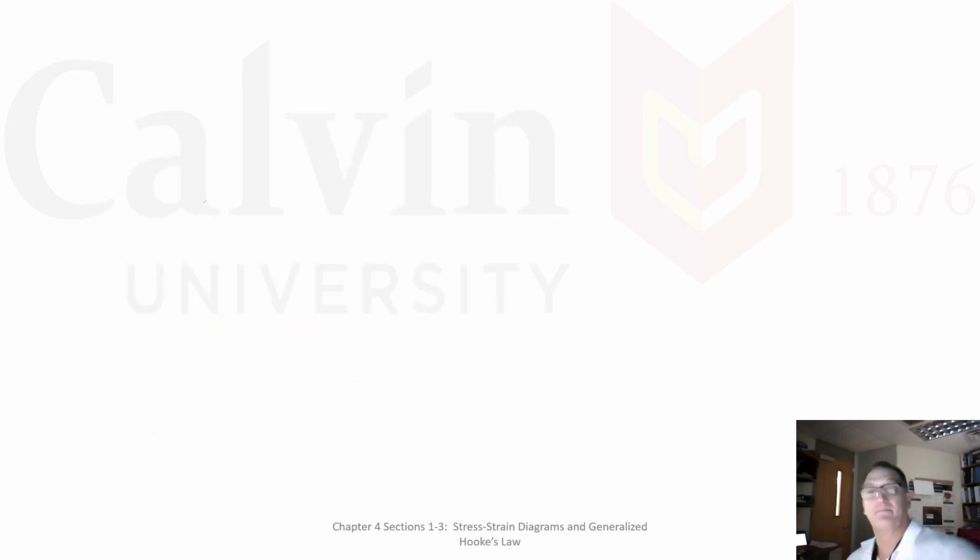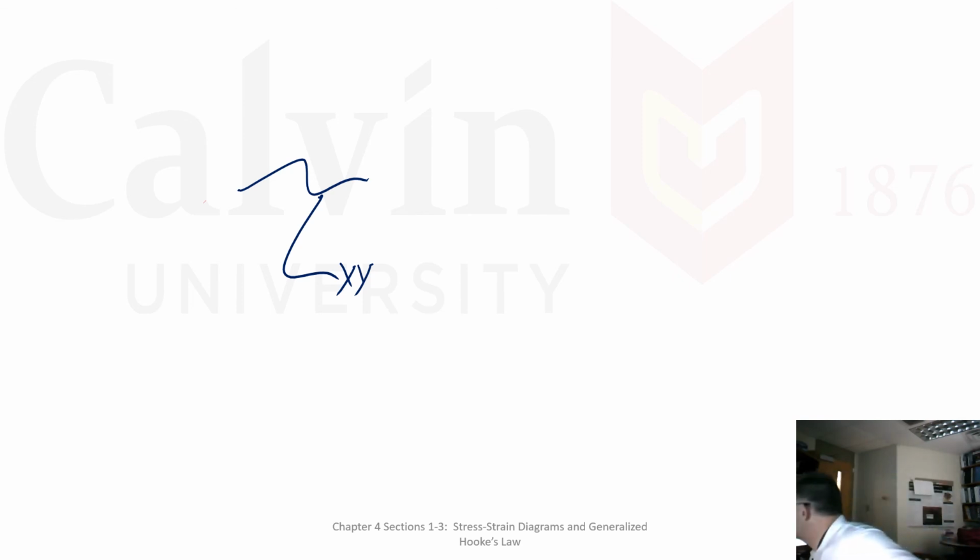The next thing that we should talk about is what are we going to do with the shear? What are we going to do with the shear XY? Well, there's one more material property that we haven't talked about, and that is the, not the bulk modulus, the shear modulus. And that shear modulus is important.